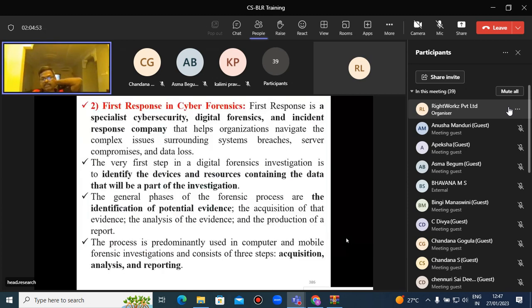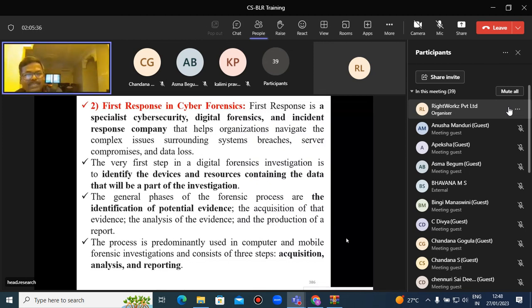First response in cyber forensics. First response is a specialist cyber security, digital forensics and incident response company that helps organizations navigate the complex issues surrounding system breaches, attacks, cyber criminals, server compromises and data loss.